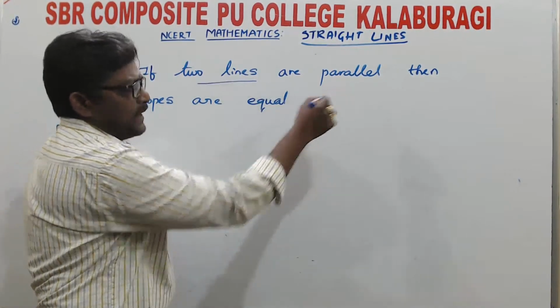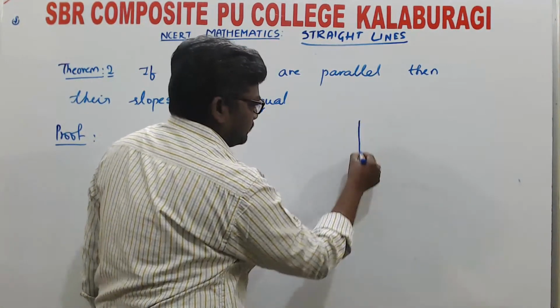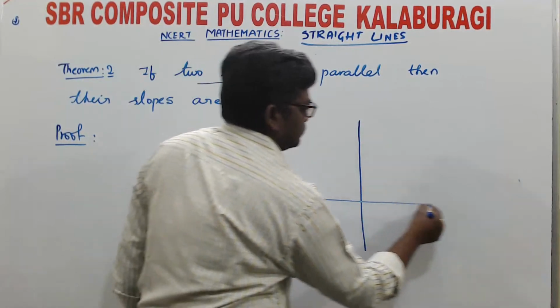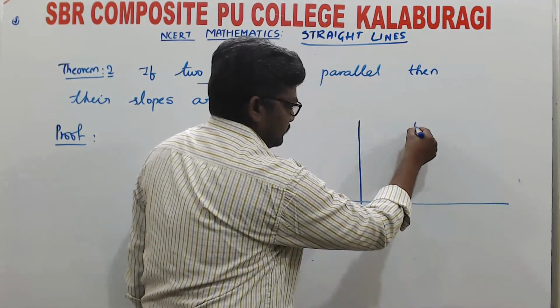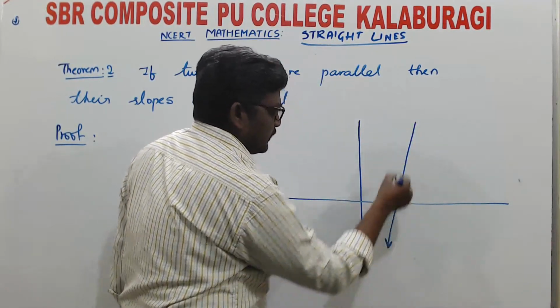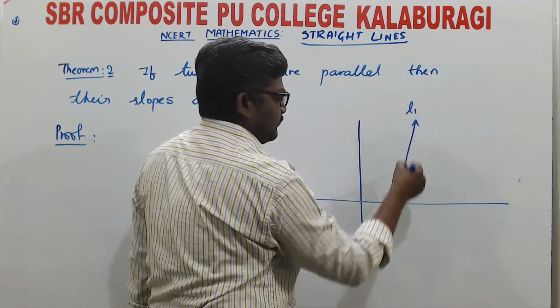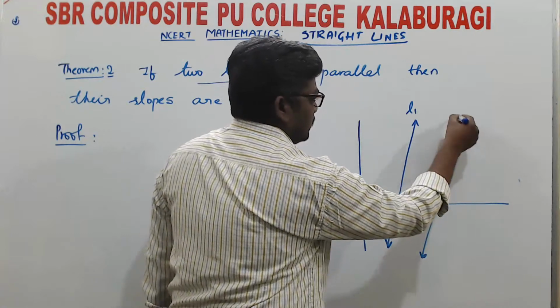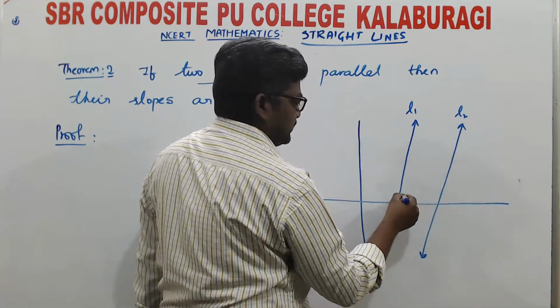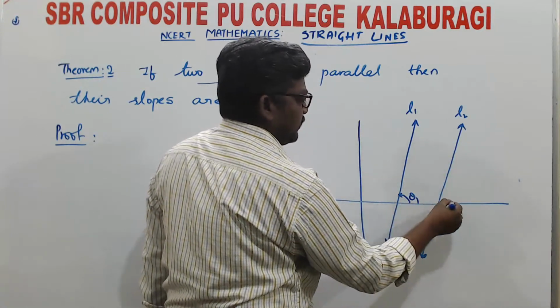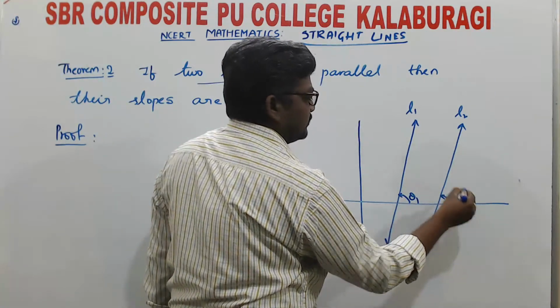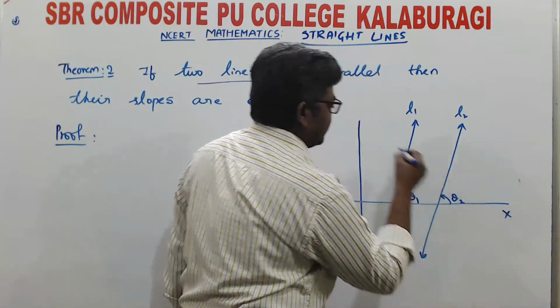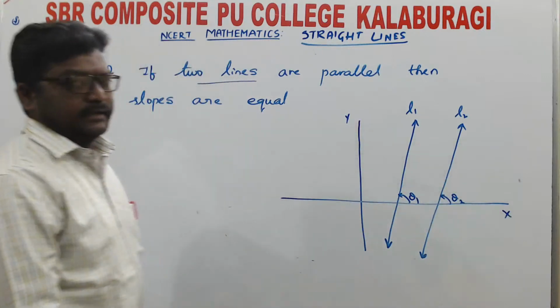The lines are parallel. That means we take the diagram. This line we take as L1 and this line as L2. This is theta 1, this is theta 2. This is the x-axis and this is y.